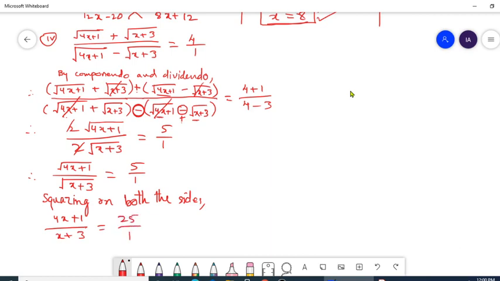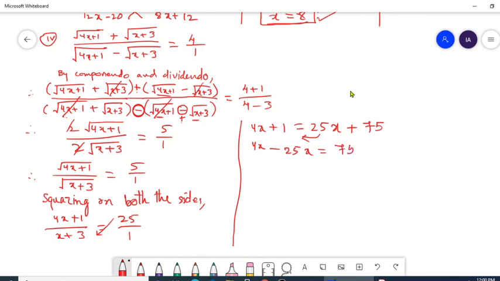Now we can cross multiply them. So it will be 4x plus 1 into 1, and 25 will multiply with this x plus 3. So it will become 25x plus 25 3s are 75. So keeping 4x on its place, this 25x can be taken to this side, will become minus 25x.